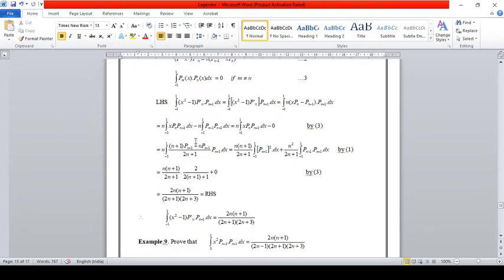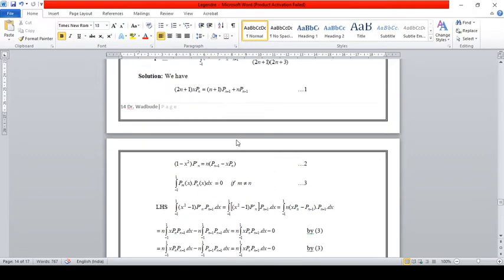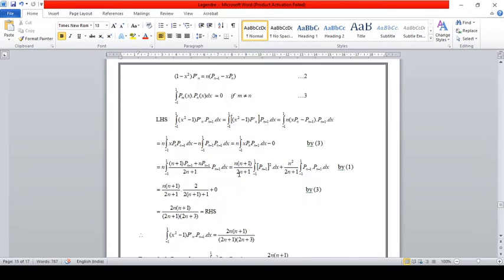Now integrate this term again. Substitute the value of x Pn from the first formula, so x Pn is (n plus 1) Pn plus 1 plus n Pn minus 1 upon 2n plus 1.